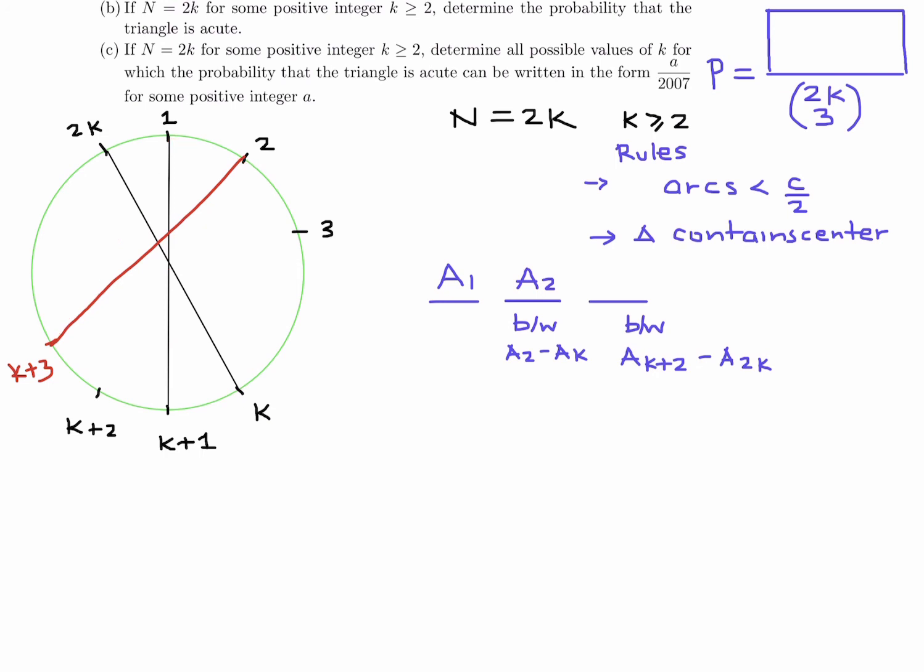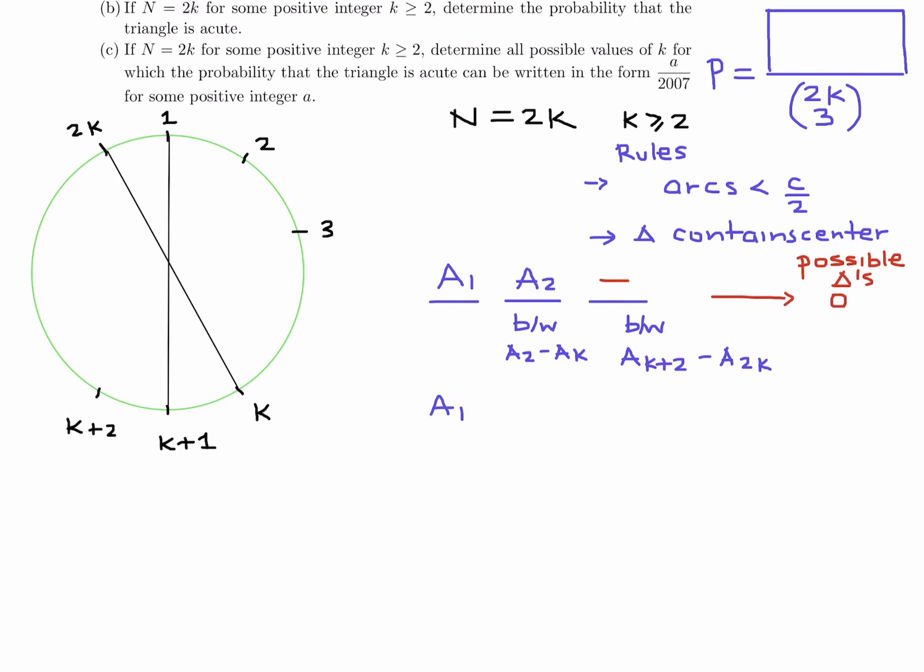So for this guy, what's interesting is that there's no possible value for the third vertice, for A1, A2. So I'm going to write here possible triangles. For this first scenario, 0. All right? So I hope that made sense.